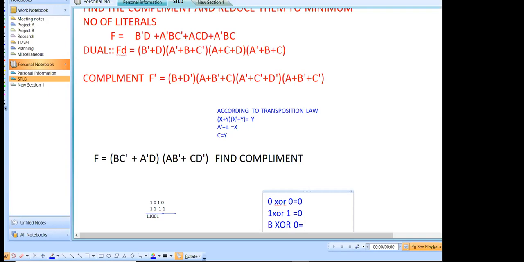B XOR with 0, if we assume B equals to 0, then this will be equals to 0.